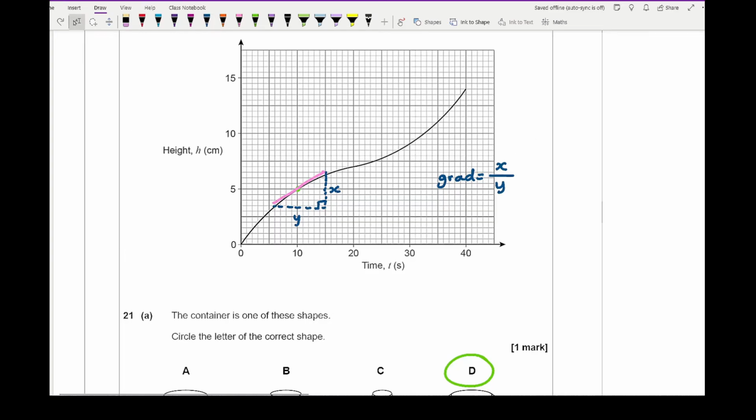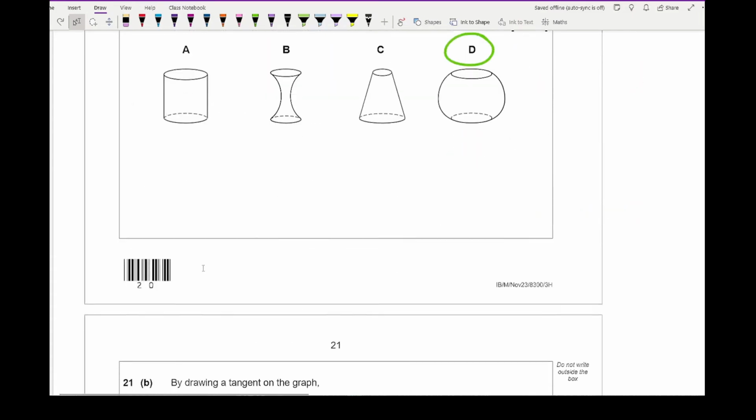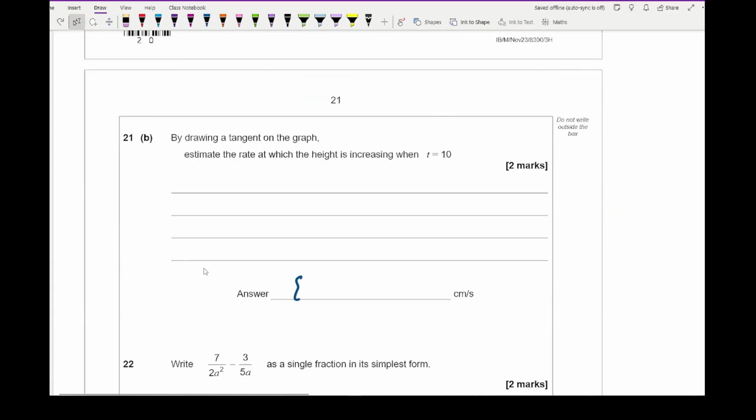And for the full marks you'll accept any answer between 0.3 and 0.4, and that's your answer for B. So any answer between 0.3 to 0.4, making sure that you have drawn a tangent at when t equals 10.